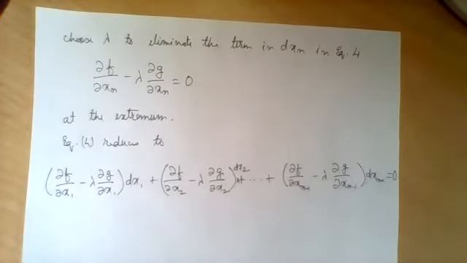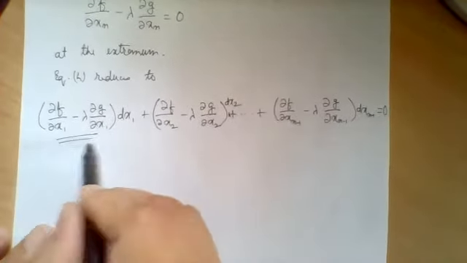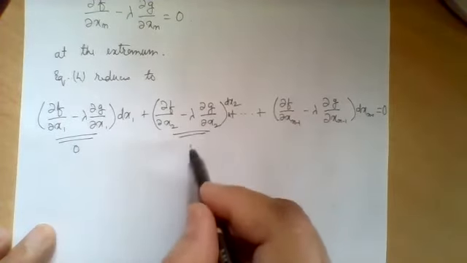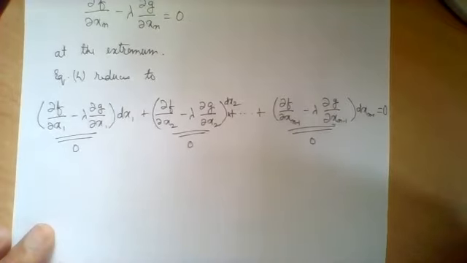Since all these dx are independent of each other, what do we get? We get that all their coefficients should be 0.